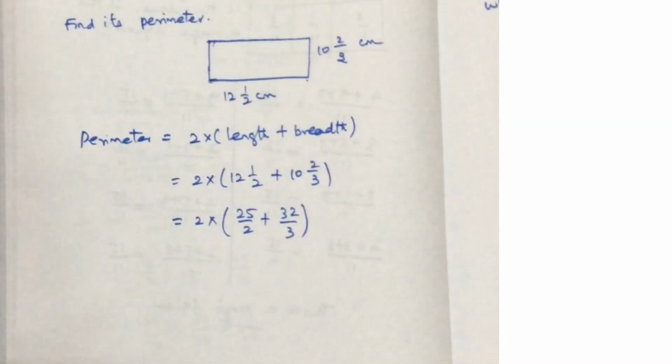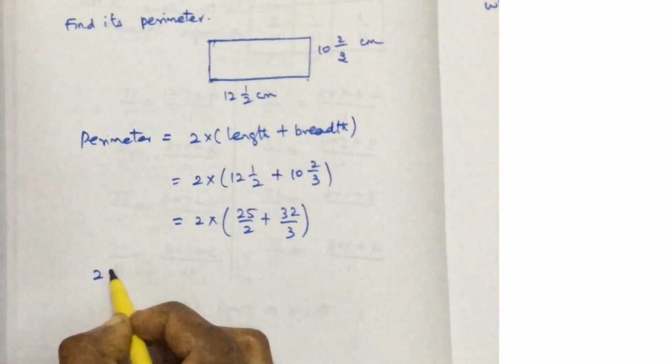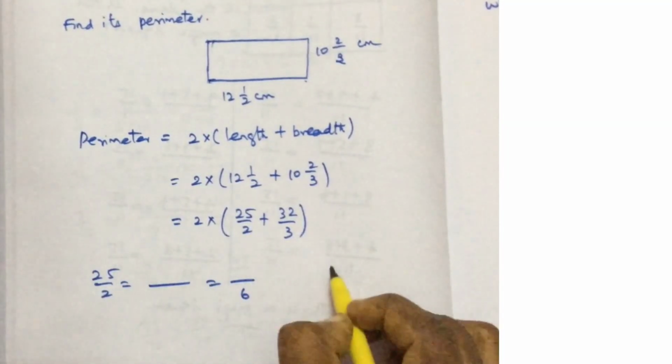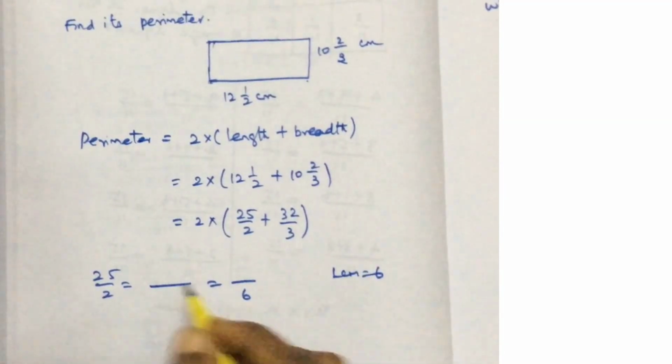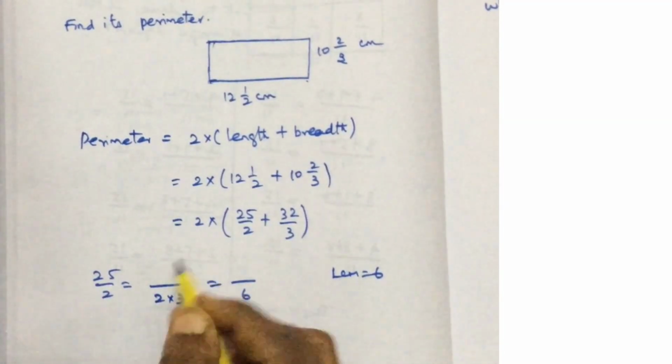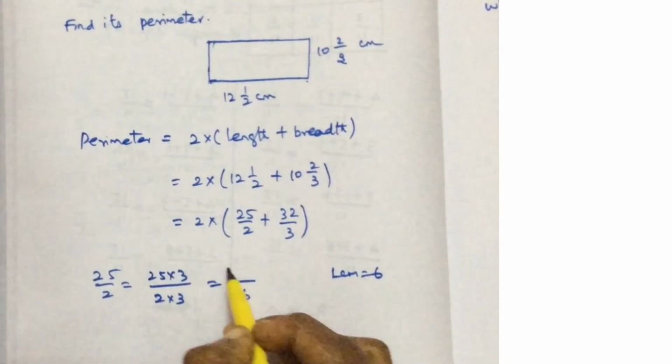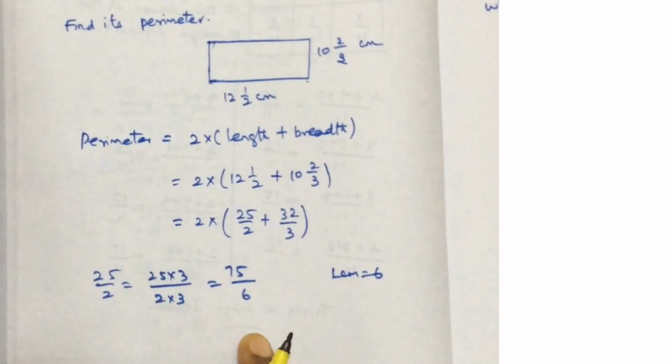Again the denominators are different. So the LCM is 6. So 25 multiplied by 3, 75 by 6.